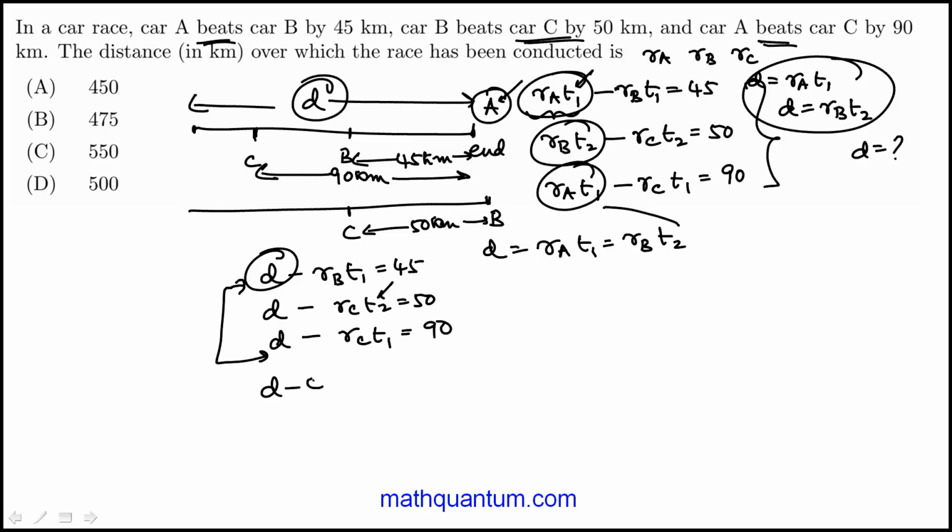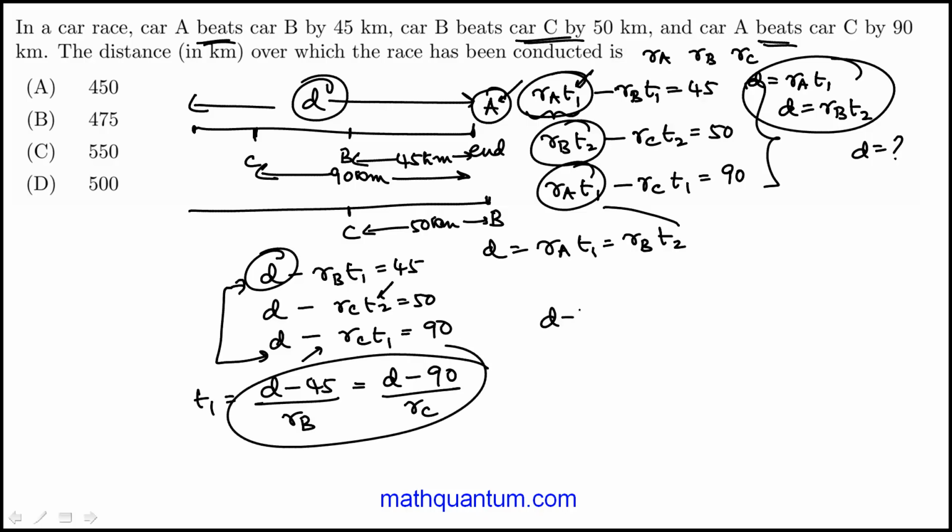So that would be D minus 45 over RB. I'm really isolating T1. And then from this, it's D minus 90 over R sub C. So that's T1. And I'll create this ratio here. Now I have this equation.